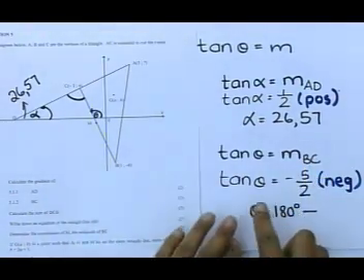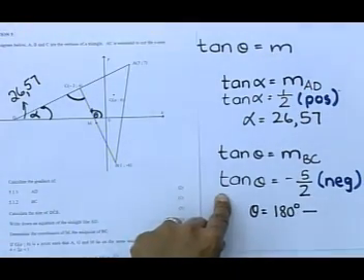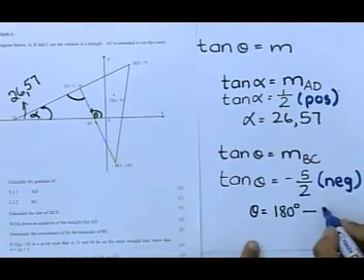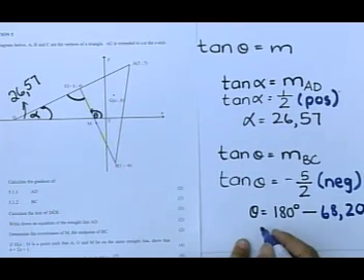Again, go to your calculator. You say second function tan of 5/2. Shift tan 5/2. I get an angle of 68,19. Or we can say 68,20, correct to 2 decimal places. 68,20. And you're going to subtract that.